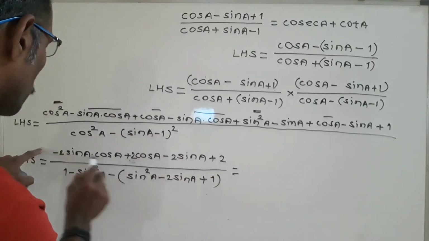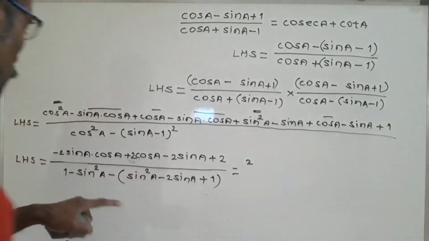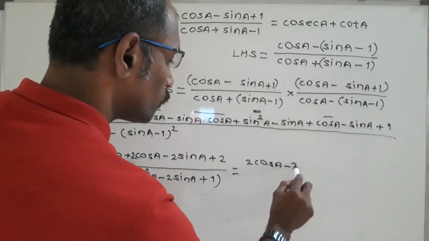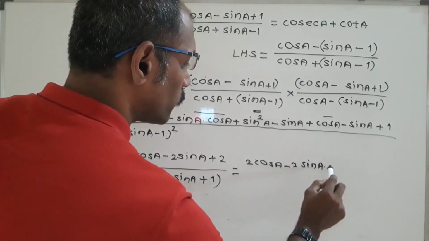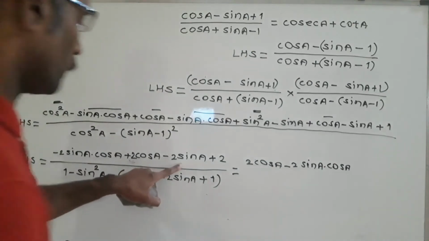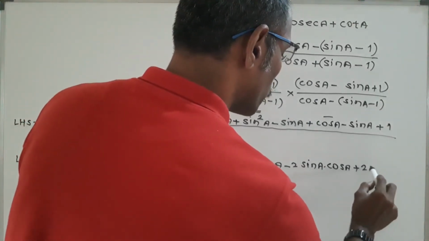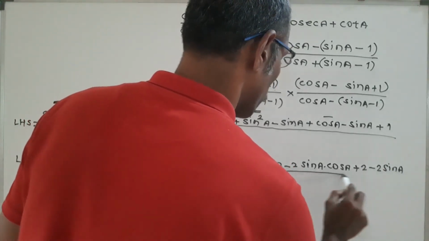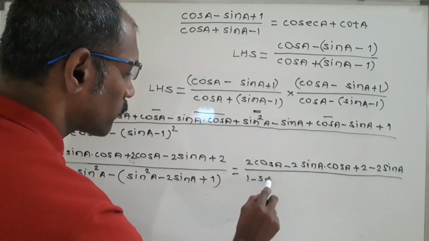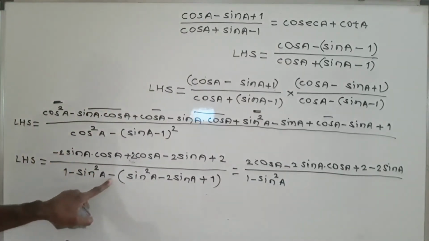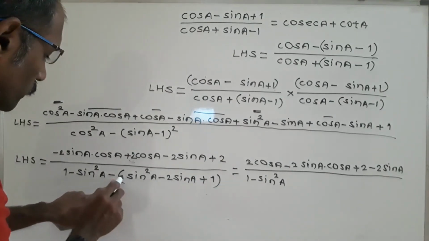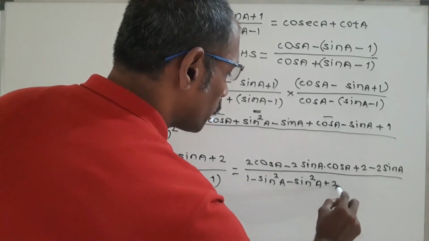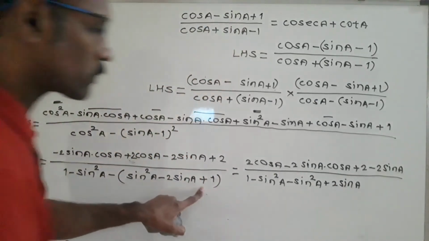Now these two together and these two together. See this, 2 cos A plus 2 cos A minus 2 sin A cos A, then minus this, plus 2 I will write first, then minus 2 sin A, upon here 1 minus sin square A. Then we multiply this bracket by the minus sign, therefore this plus becomes minus, then this minus becomes plus 2 sin A, then this plus becomes minus.